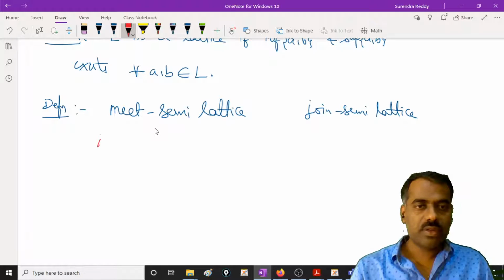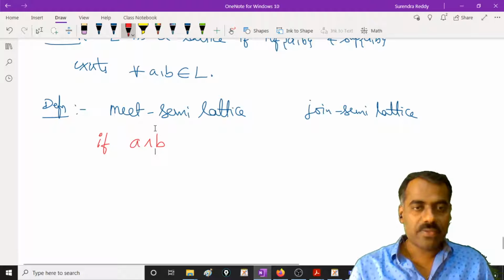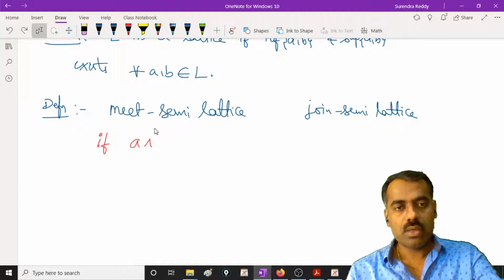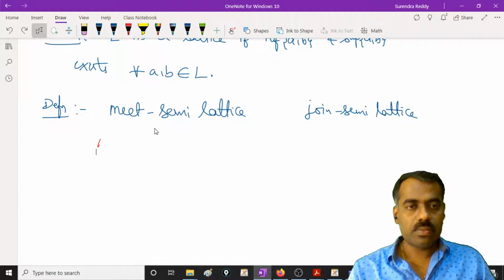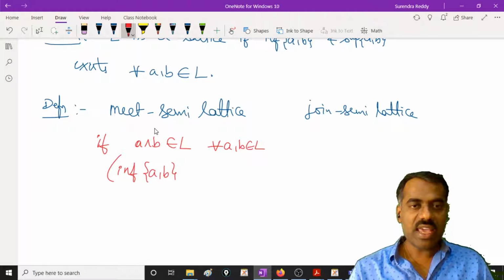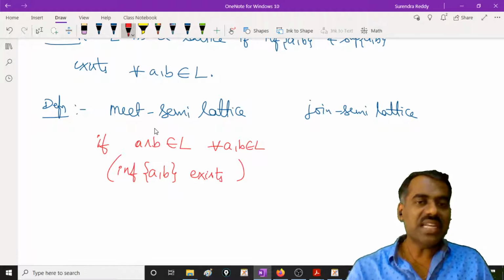If only one condition we require, that means if A meet B, or you can call it infimum, belongs to L for every A comma B belongs to L, or this is same as saying that infimum of A comma B exists, then we say it is meet semi-lattice.